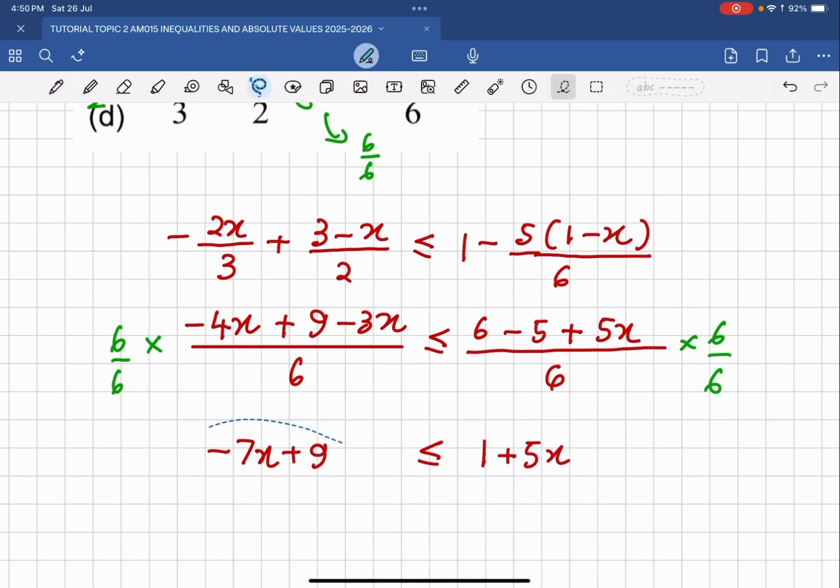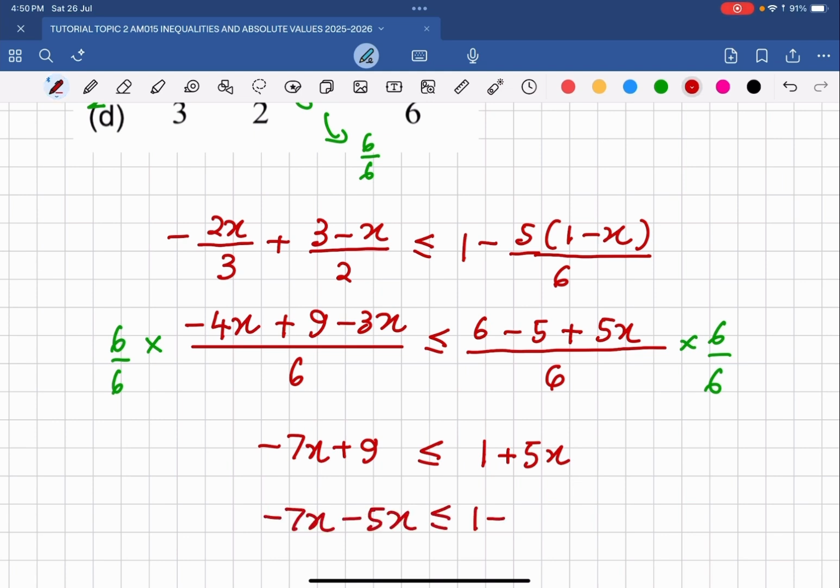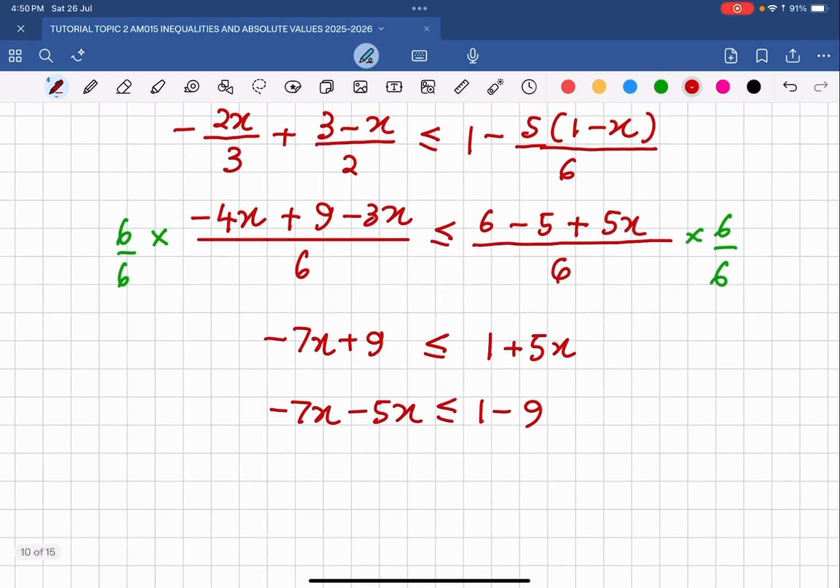Now let us simplify some more by moving 5x to the left-hand side: negative 7x minus 5x, and 1 minus 9. So we have negative 12x less than or equal to 1 minus 9, which is negative 8.